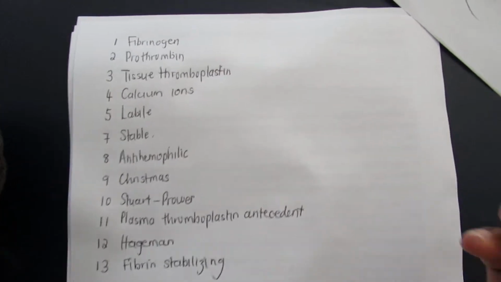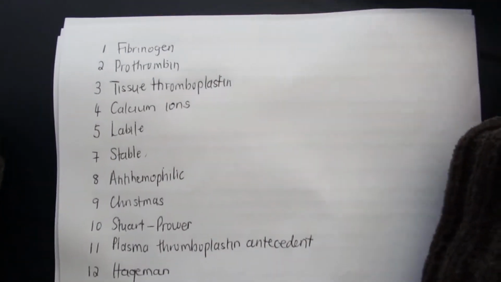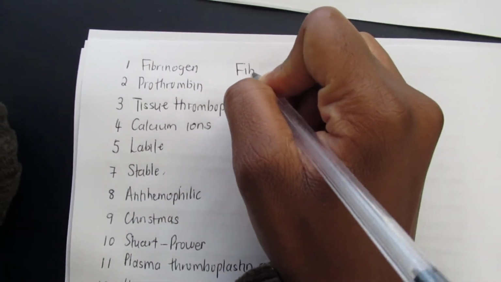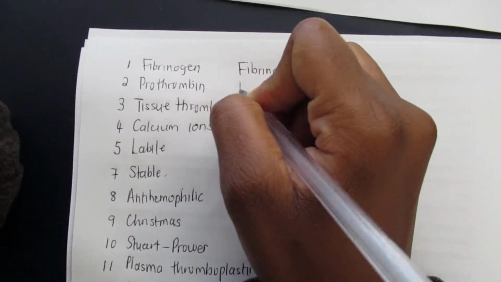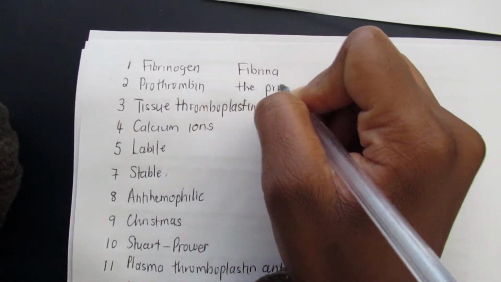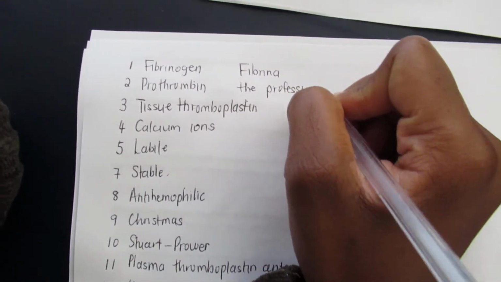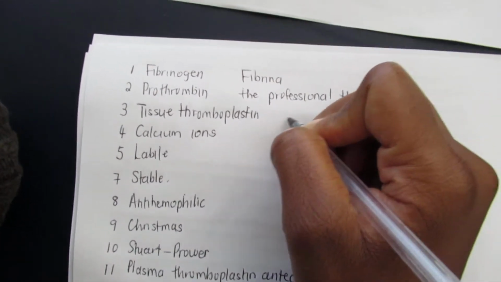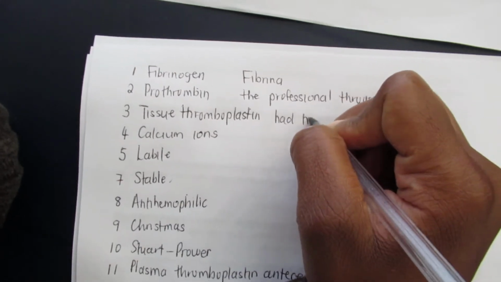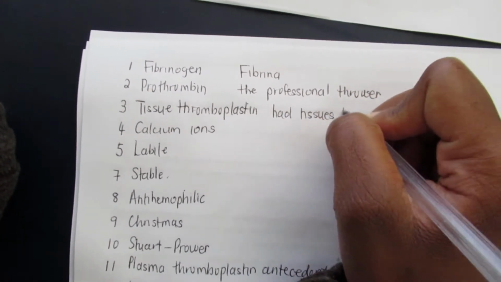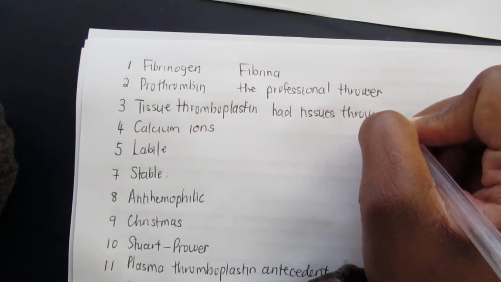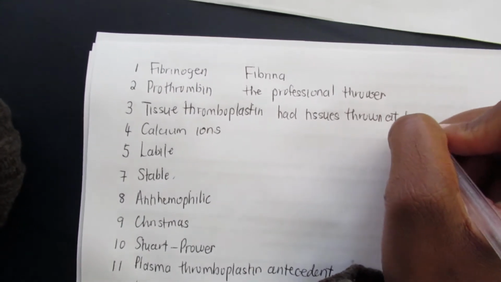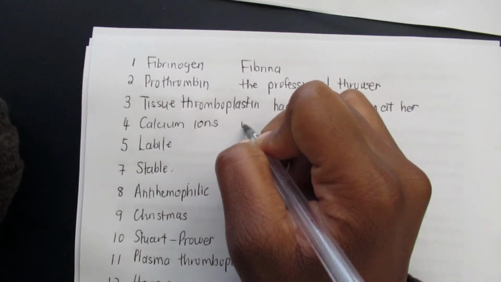Okay, so Fibrina, the professional thrower, had tissues thrown at her with calcium.